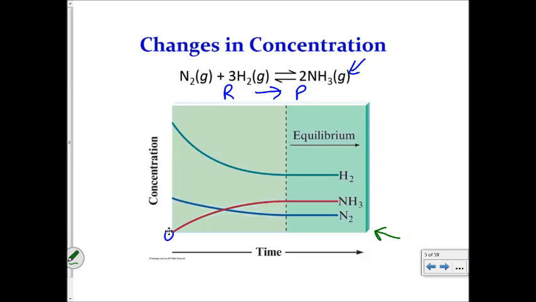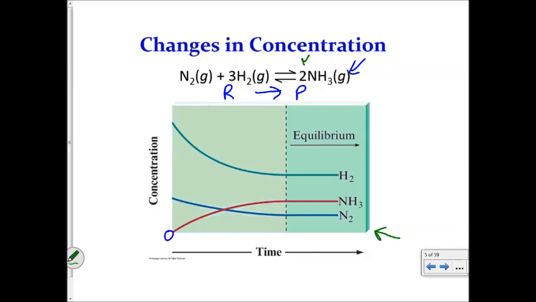Sorry, nitrogen, what? Okay, so the nitrogen decreases and becomes less concentrated than the ammonia. Okay. Any other things to look at here? There's more hydrogen than the other two. What else can we get from the graph, though? We don't have the reaction. We don't have this top part up here.